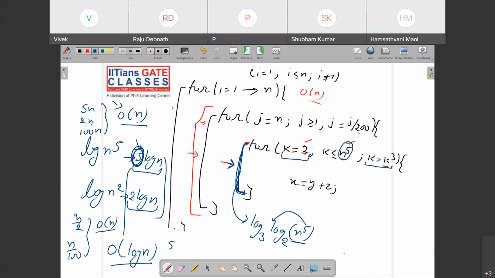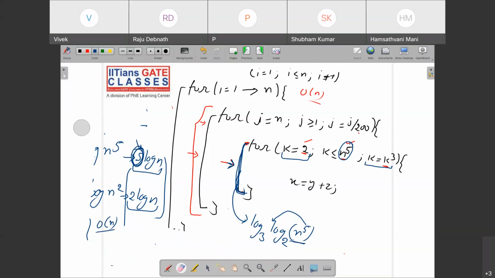Similarly, 5 log n will also be written as order of log n. So basically what I'm trying to say here is the number of steps that we are going to execute is log 3, log 2, n raised to power 5.